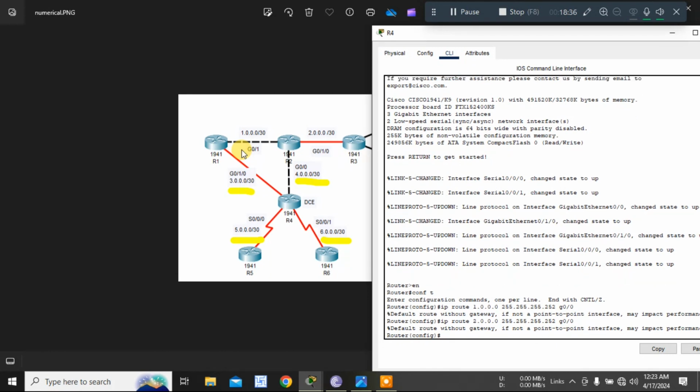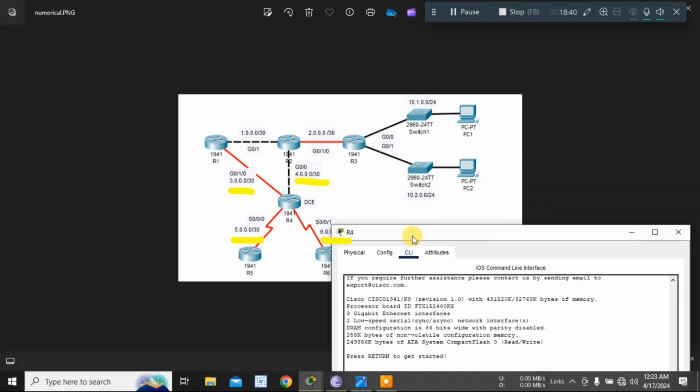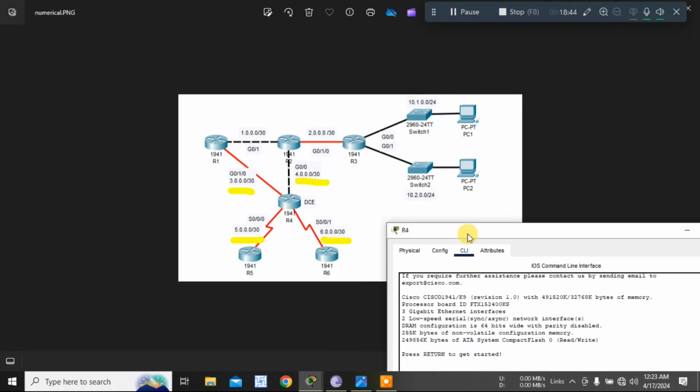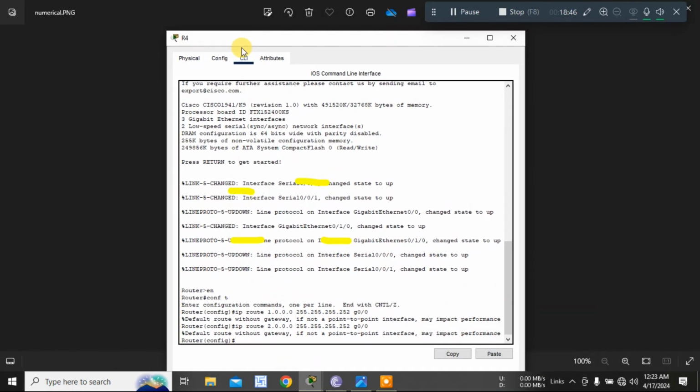Okay, done. Now what are the other routes? That is 10.1 and 10.2. Now I will do it for 10.1.250, or 255, because its subnet CIDR, classless inter-domain routing number, is 24.